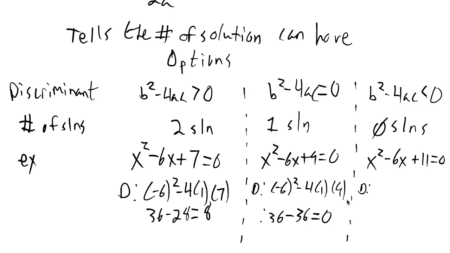Your discriminant is b squared is 36 minus 4 times 1 times 11, or 36 minus 44, which would give us a negative 8. So our discriminant is negative 8. We have 0 solutions. If your discriminant comes out positive, 2 solutions, 0, 1 solution, or negative, no solutions.